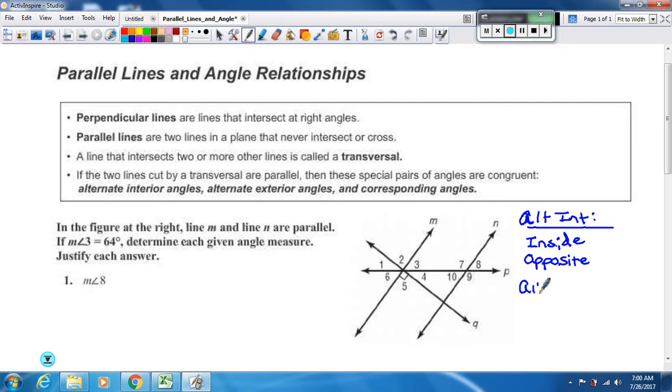Alternate exterior angles are outside the parallel lines and on opposite sides of the transversal.